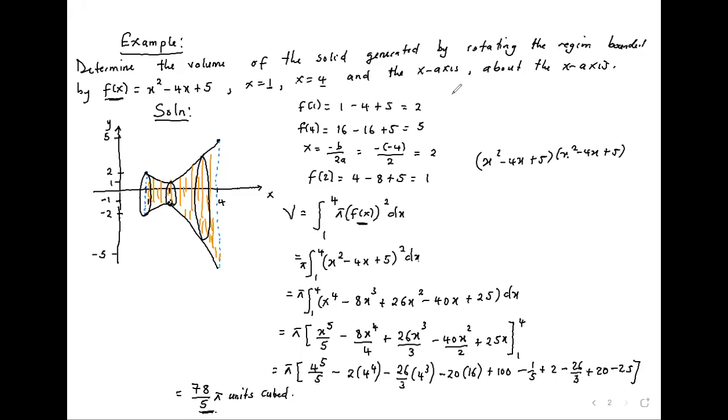How do you square this? How do you multiply this? The ordinary way. Say x^4. And then when I go to the power 3s, I'll say x squared times 4x. Okay, good.